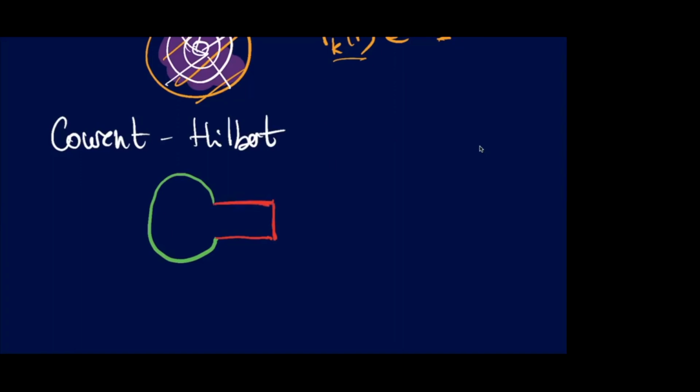This domain, you see, is just the union of this red rectangle and this green circle. My drawing is not perfect, by no means. This should be really a circle.